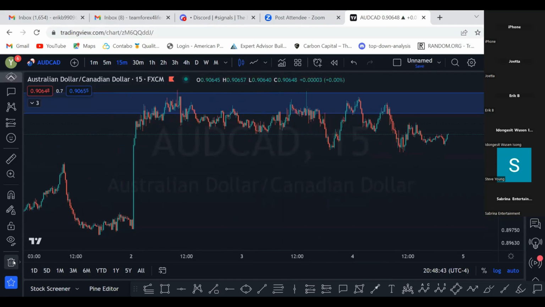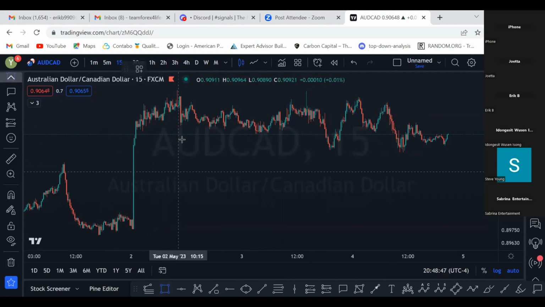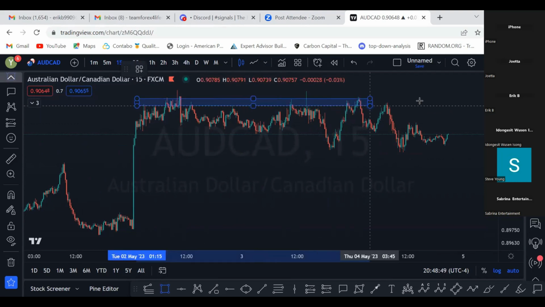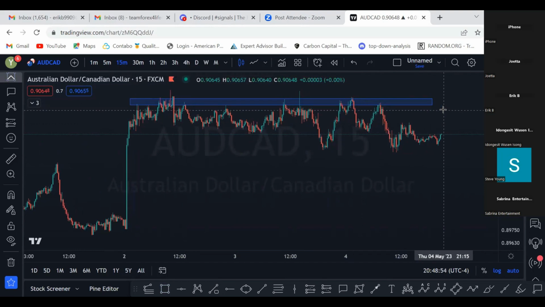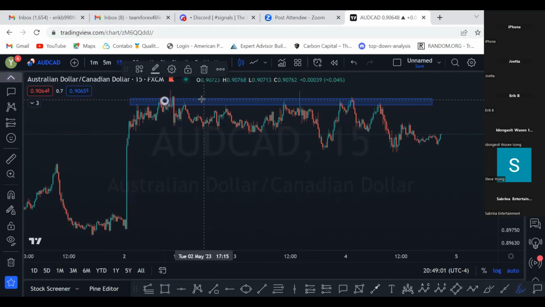Now I'm going to redraw this zone as we go. And I pointed this out once: when price is showing you its hand at its zone, what is price going to do? What is the two to three confirmation that price is going to show you? It's going to drop.